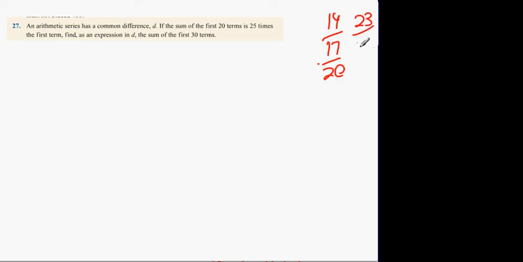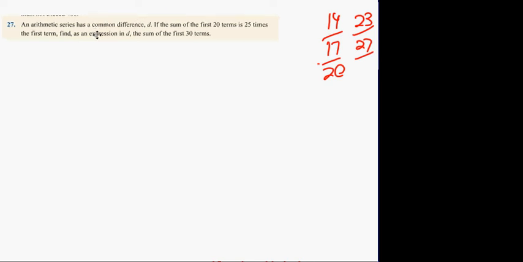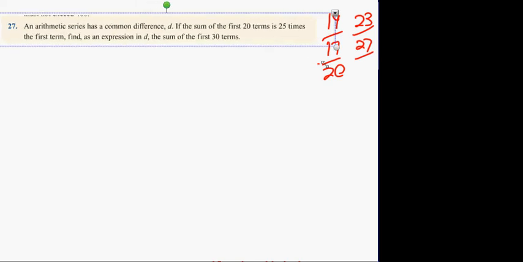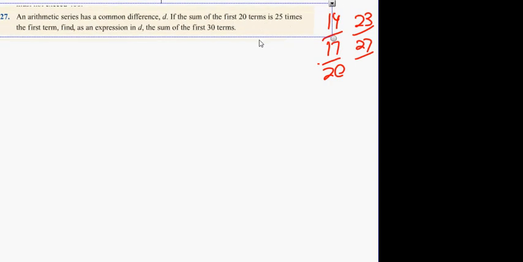Now we're on 27. An arithmetic series has a common difference d, and the sum of the first 20 terms is 25 times the first term. Find the expression in d for the sum of the first 30 terms. Okay?